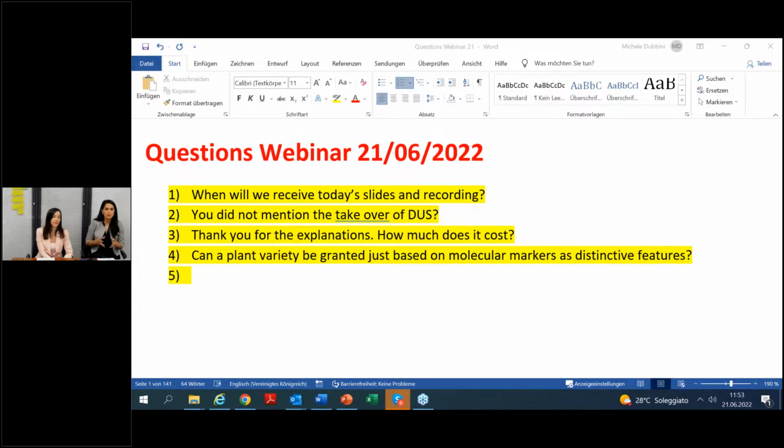They can be used, for instance, to have a smaller reference collection to compare the candidate variety with only the right common knowledge instead of many individuals. So this is also an issue of sound administration and a quicker treatment of the file, let's say. Thanks.